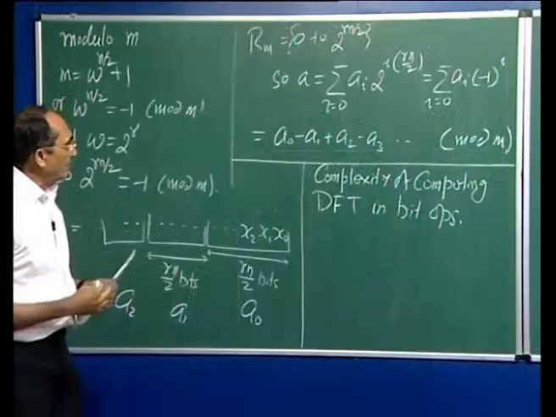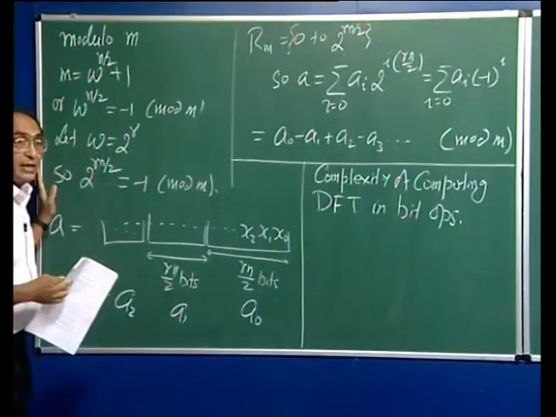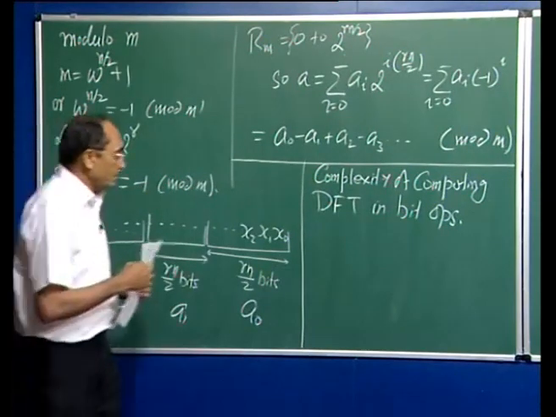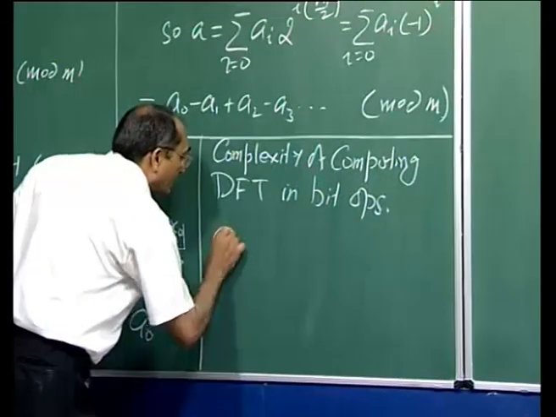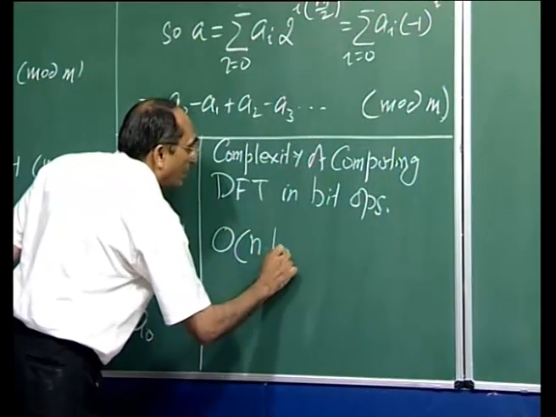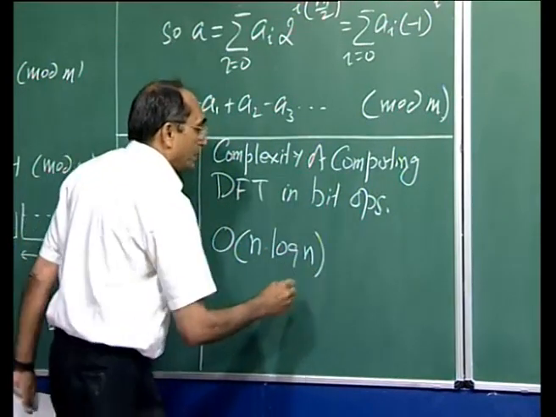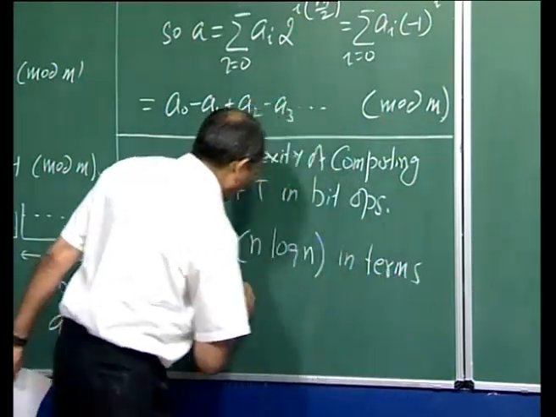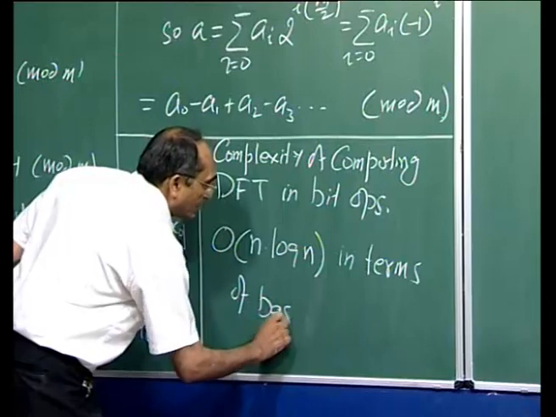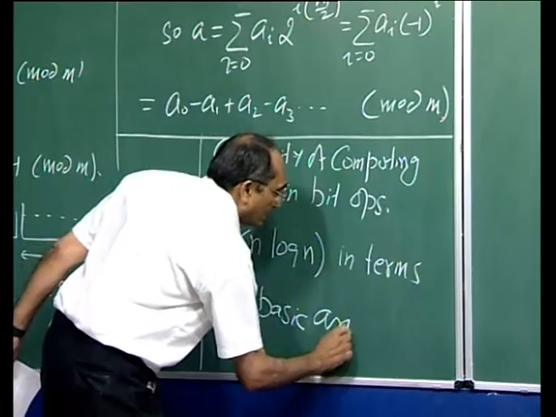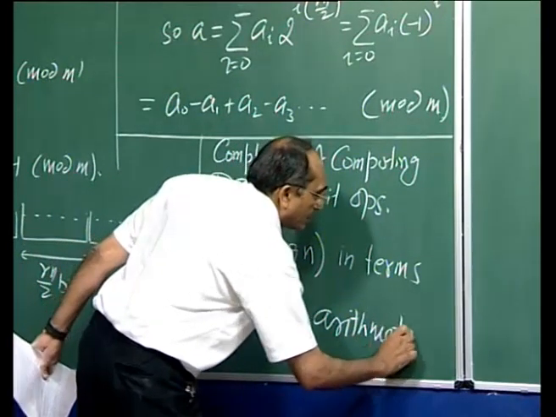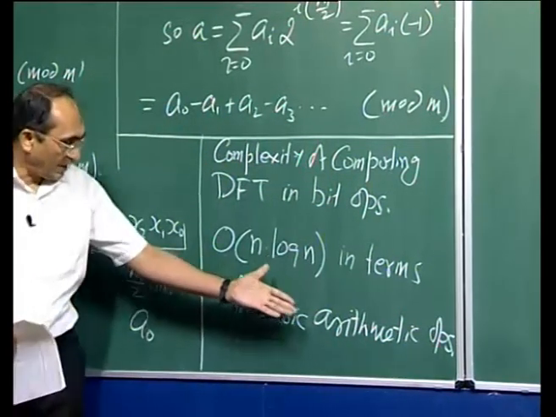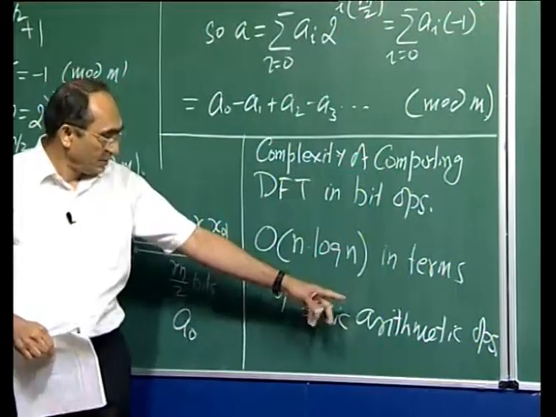Let us recall that the fast Fourier transform algorithm for computing DFT was costing us order n log n in terms of basic arithmetic operations, not bit operations, but adding two numbers, multiplying two numbers, and so on.